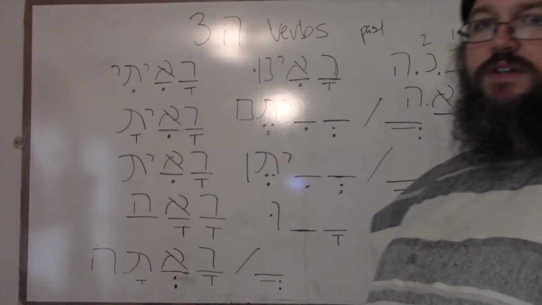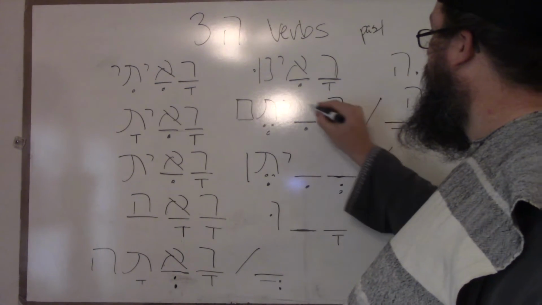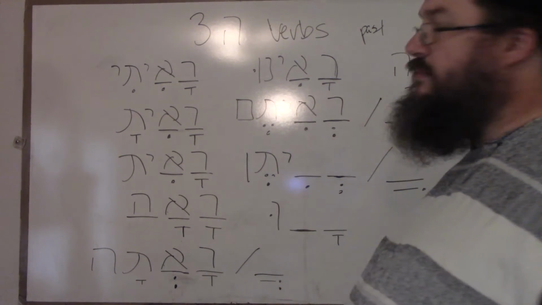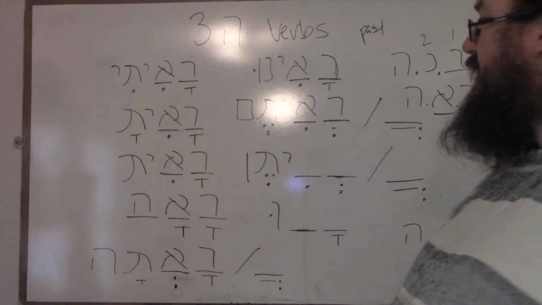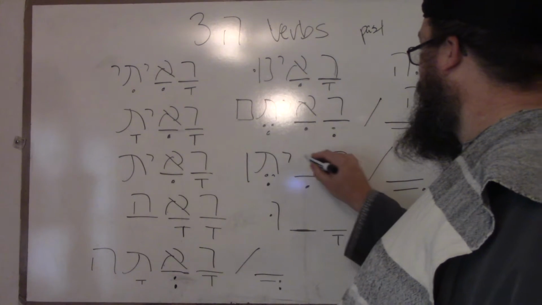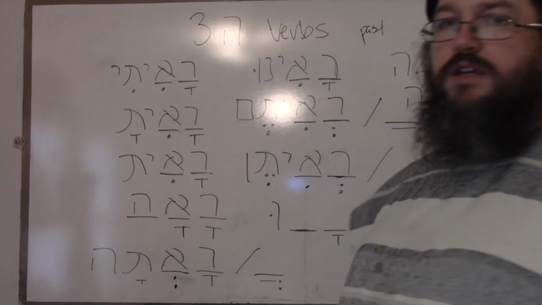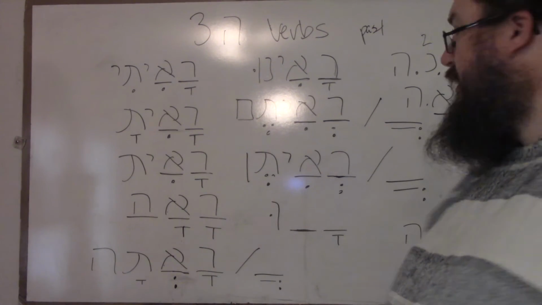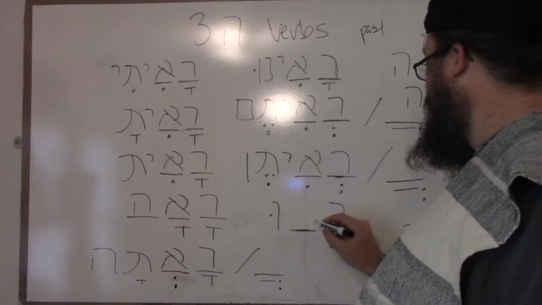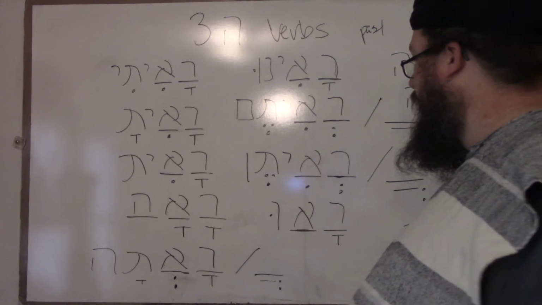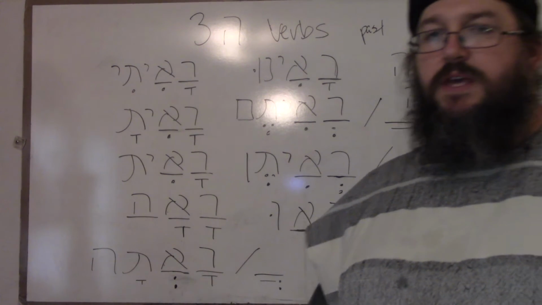Ra'inu, we saw. Ra'item, you saw, plural masculine. Ra'iten, you saw, plural feminine. And lastly, ra'u, they saw. Okay?